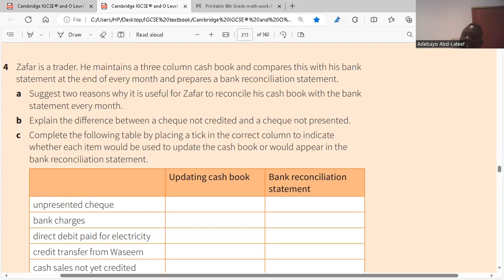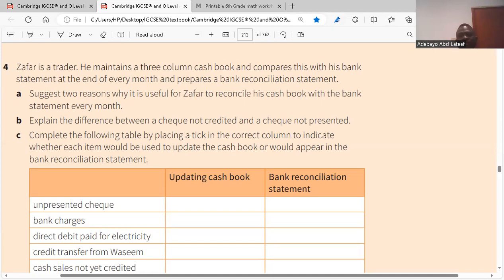Then we have check not presented. A non-presented check is a check that has not yet been presented by the payee. We call them drawee or payee.